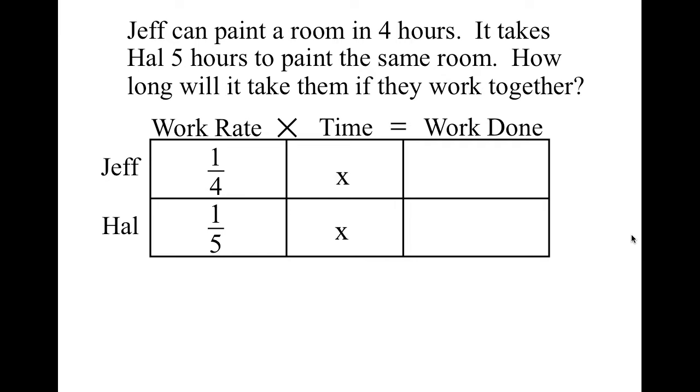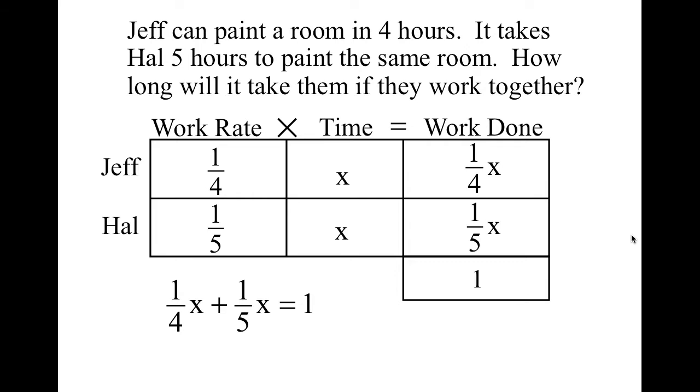So I place x's. Now I multiply across, and I get 1/4 x, 1/5 x, and then what happens is when I take Jeff's time and I add it to Hal's time for work done, I get one completed job. And you can use that equation as well.